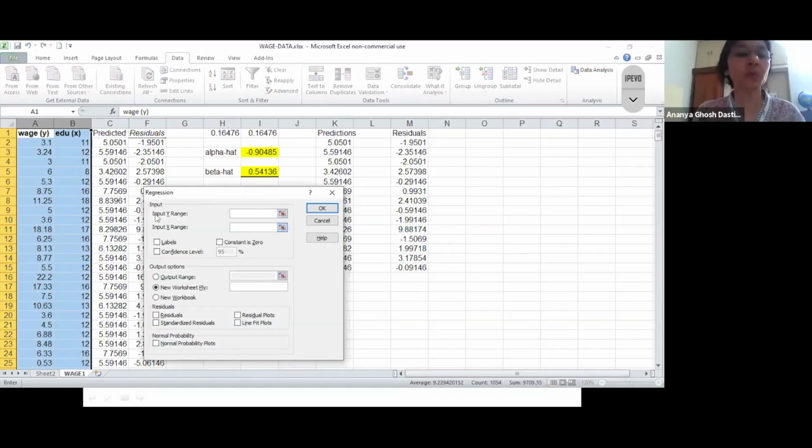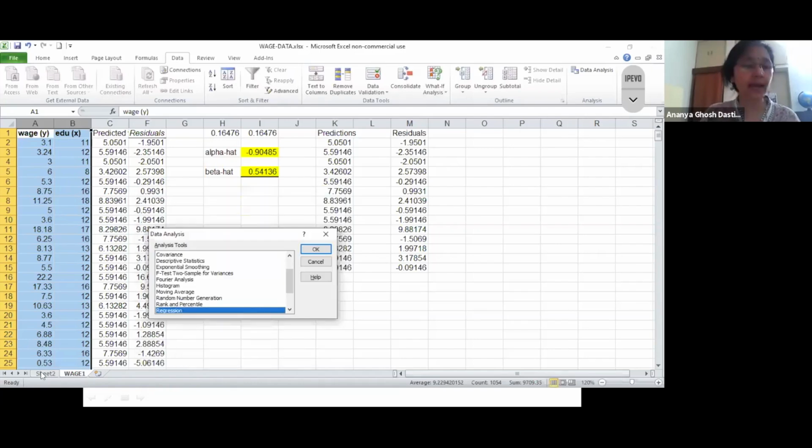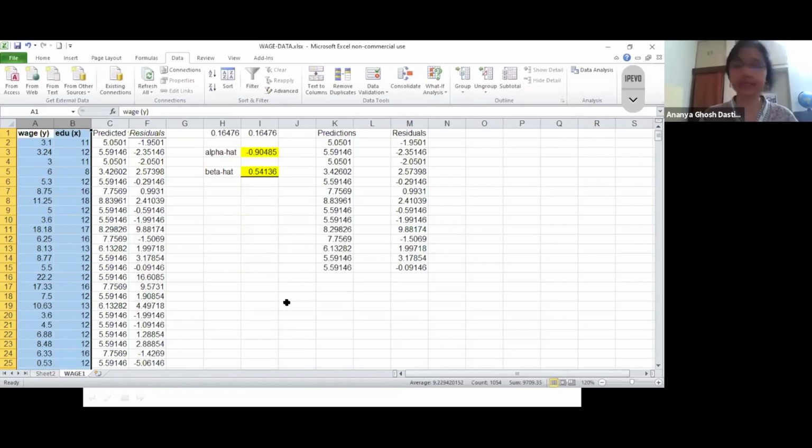And then we specified the range of the dependent variable, the explanatory variable. We asked for variable labels. We asked for residual plots, we asked for line fit plots, and we got all of those things, right? So here are the results that I got yesterday.